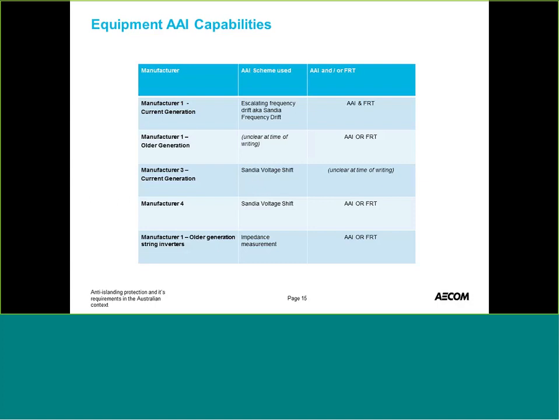It wasn't clear if it could do active anti-islanding and fault ride-through or both. Another manufacturer had an implementation via the standard voltage shift, and it could only do one or the other. Another manufacturer with an older generation of string inverters used the impedance measurement technique, and that could only do active anti-islanding or fault ride-through and not both.